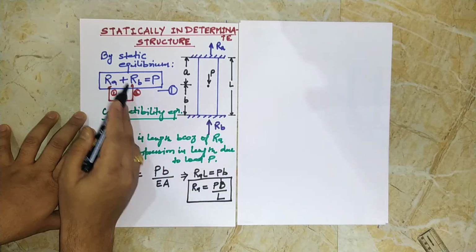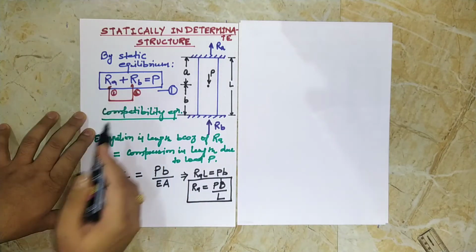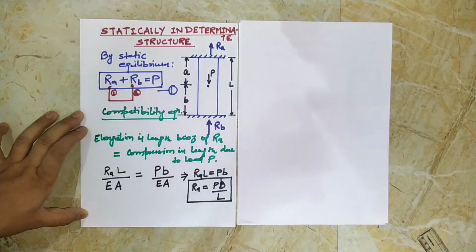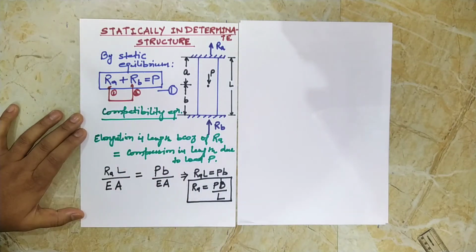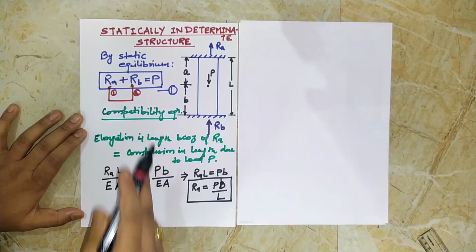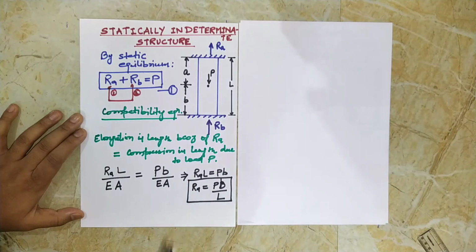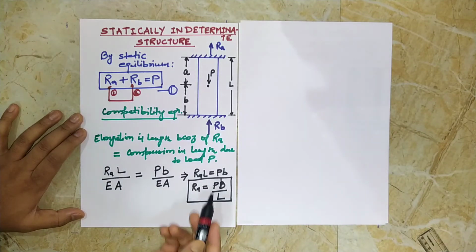The first equation we got from static equilibrium had two unknowns, because of which we had to use a compatibility equation, and through it we found that RA is equal to PB by L. Now we put this RA in the equilibrium equation and find RB.